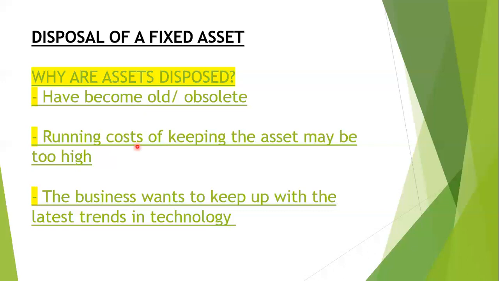The second reason here is running costs of keeping the asset may be too high. So for example, if you've got a motor vehicle and it's past its service warranty or maintenance plan. And so now it's not under its plan. So you have to pay out of your own pocket to get this motor vehicle to be repaired and fixed up and all of those things.